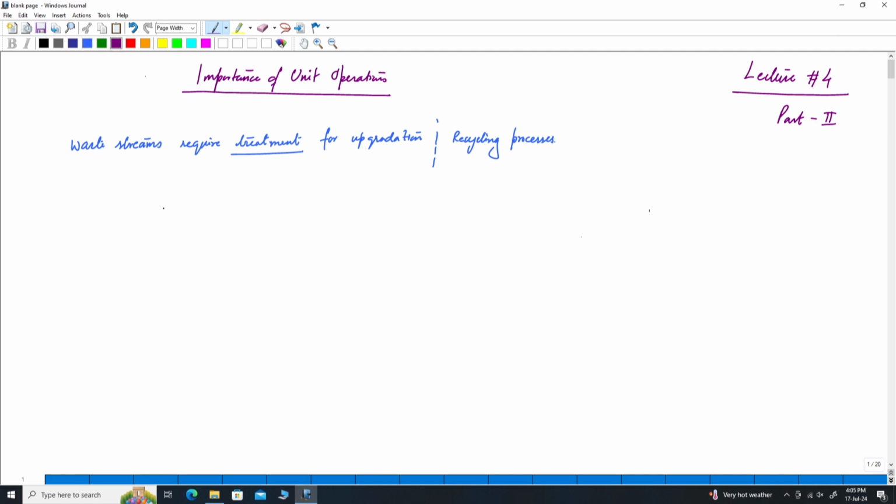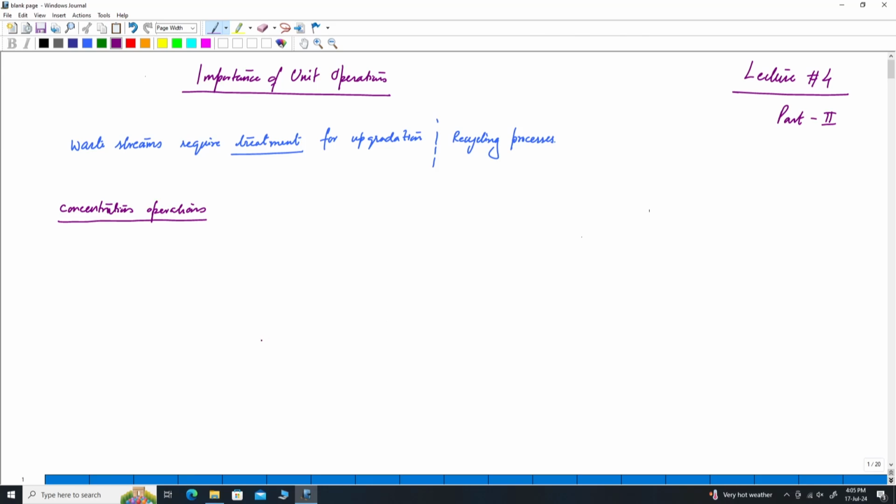We will now focus on concentration operations, which we had discussed previously to some extent in the previous classes.